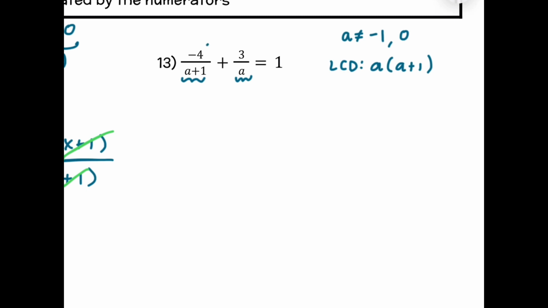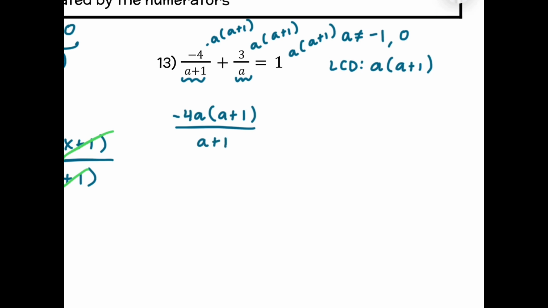So I'm going to multiply by a plus 1 on the top of all of these fractions. So we're going to have negative 4a times a plus 1 over a plus 1 plus 3a times a plus 1 over a equals a times a plus 1.